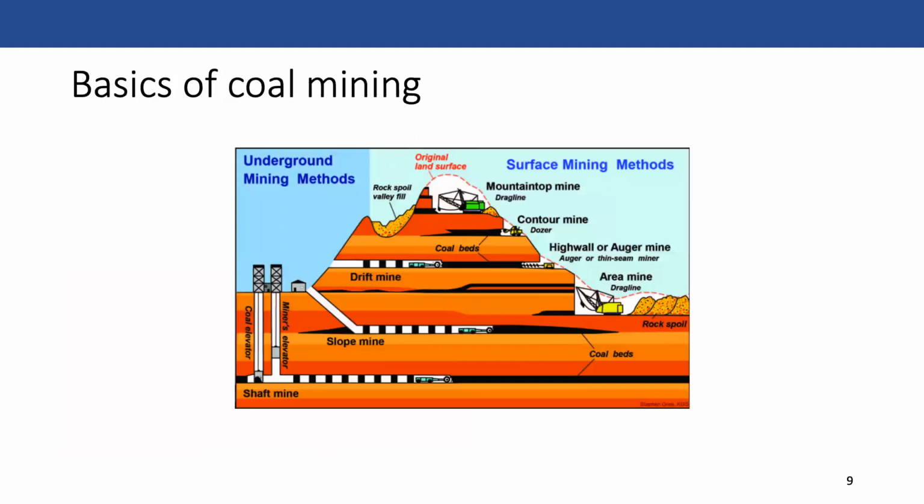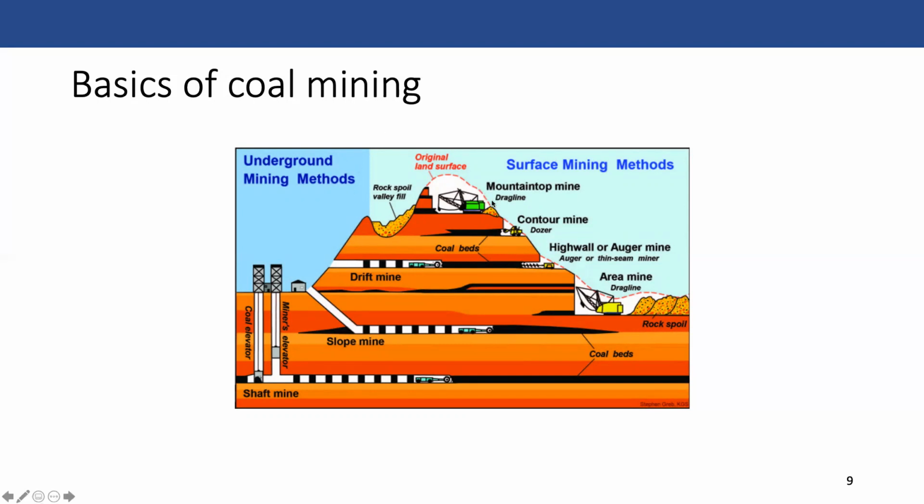Okay, how do we get the fuel? For coal mining, this is a basic high-level schematic diagram of the different types of mining that you can do. Essentially, in something like this mountain, though it doesn't always have to be in a mountain, you'll have coal beds located in horizontal striations underground.